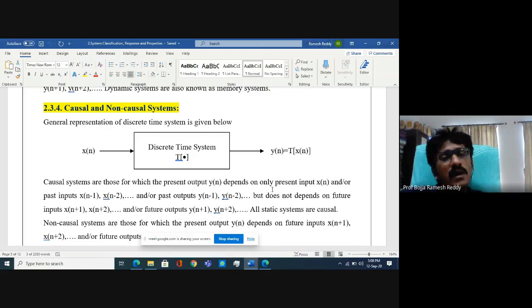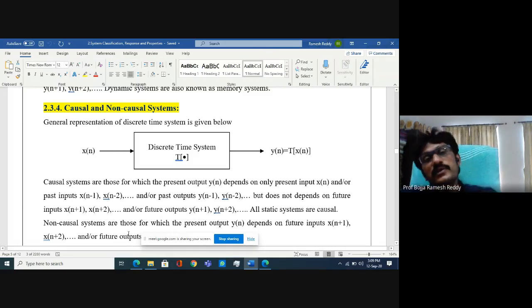Always you can go for causal system design, where the present output depends on the present input, past inputs, and past outputs, and does not depend on the future. But in the case of dynamic systems, the present output may depend on the future also.